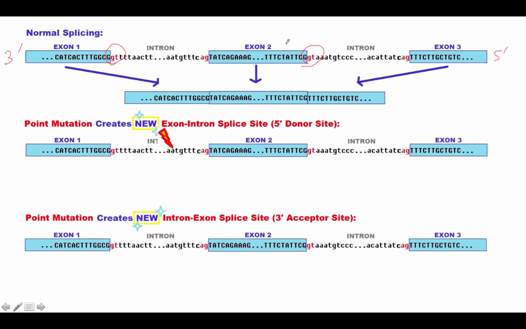Why is it the 3' acceptor site? Because this side of the exon will accept the 3' side of the adjacent exon when they are all fused together into the mature messenger RNA transcript that will be translated.